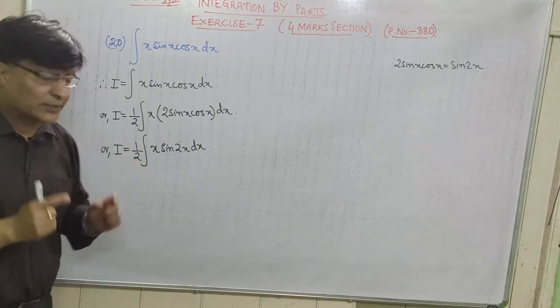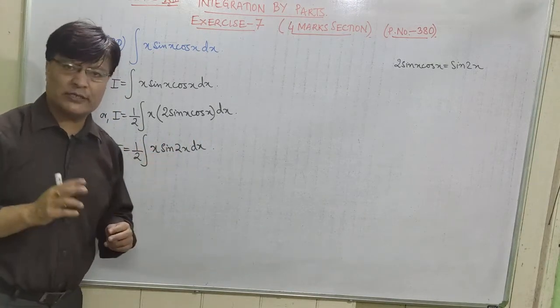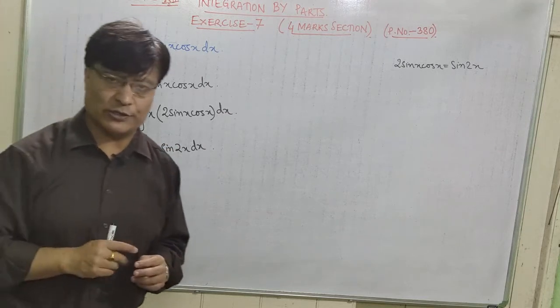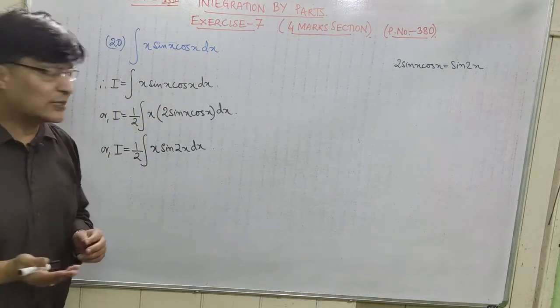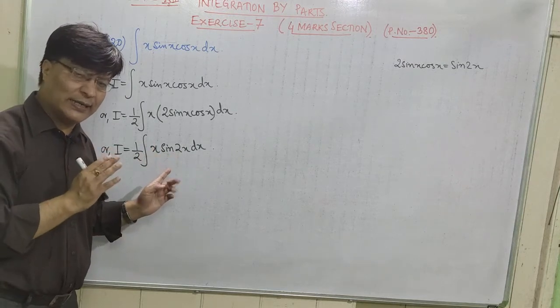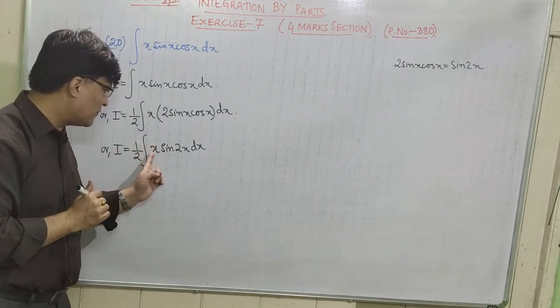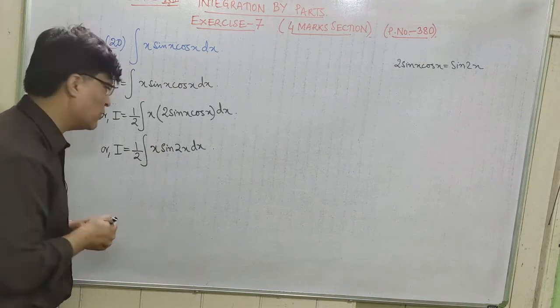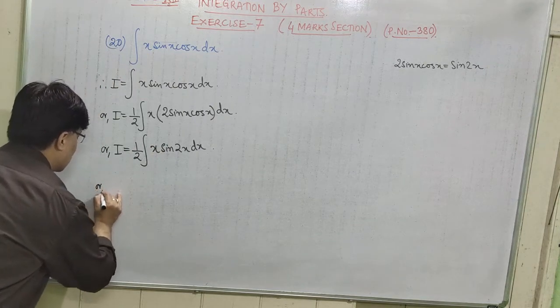Understood? So next, now this is the integration of the product of two different functions. x is an algebraic function and sin 2x is the trigonometric function. So in the word ILATE, A comes first. So x is the first function and sin 2x is the second function. So let us use by parts here.